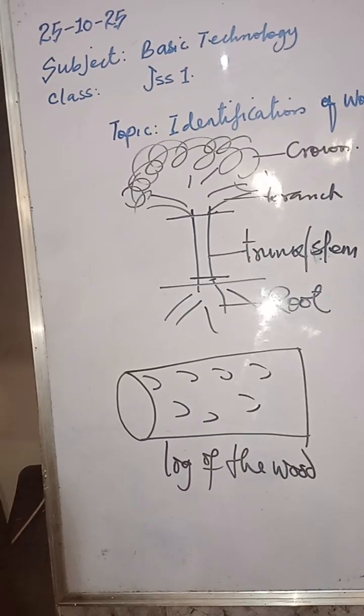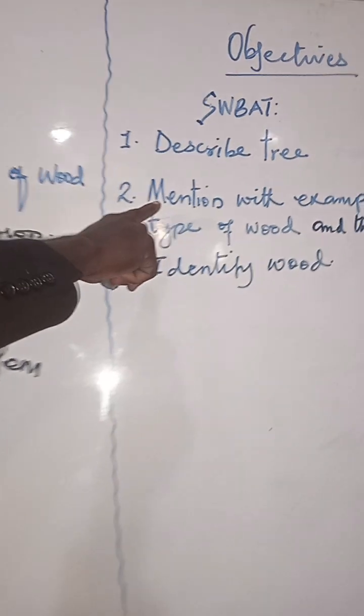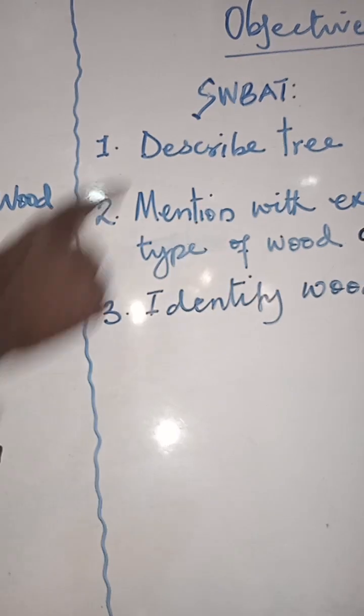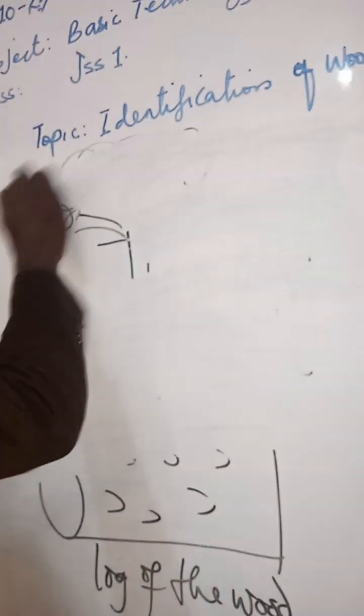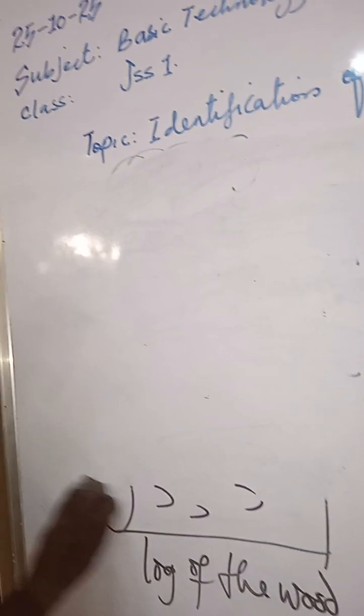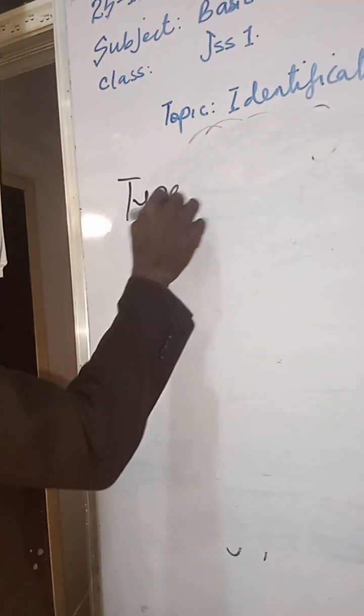Let's go to our objective number 2, which is to mention examples and the types of wood. Let us look at the types of wood.